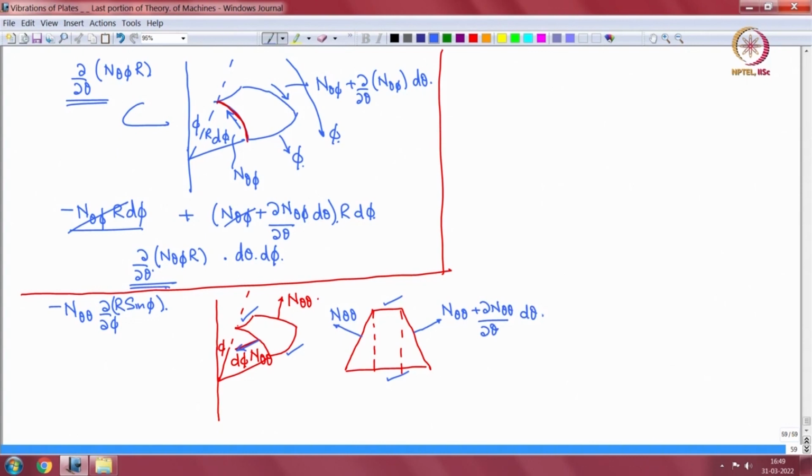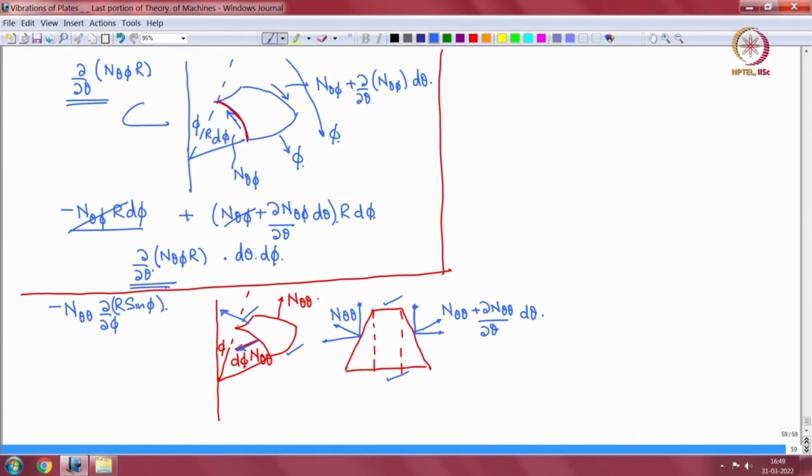I have to compute the force in the phi direction. This is the phi direction. This thing has a component this way and this way, a vertical component, so I have to compute the vertical component.